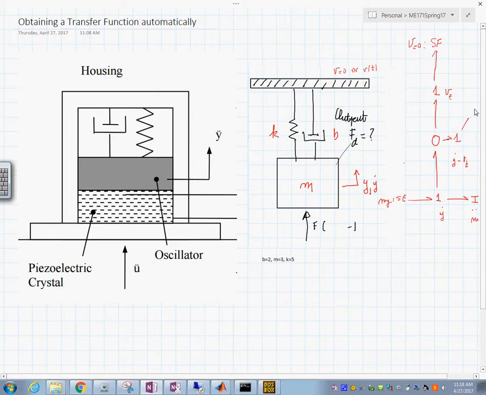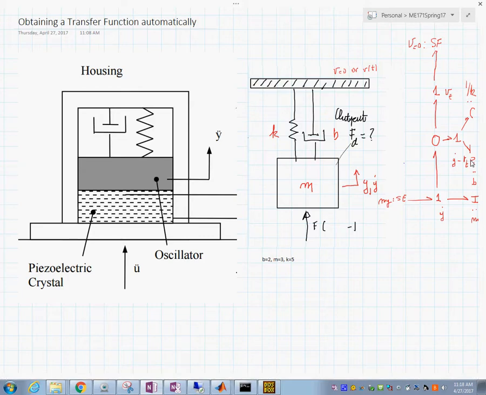In here we have the C element and the R element. This is our bond graph model, where C is 1 over k and the R element is the value of b. So this is the bond graph model that we could enter into the CAMG software. We don't need to simplify it, although we could, but for the purposes of what we want to do, this is good enough.